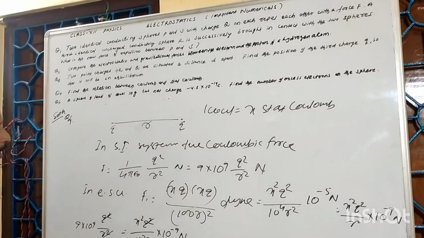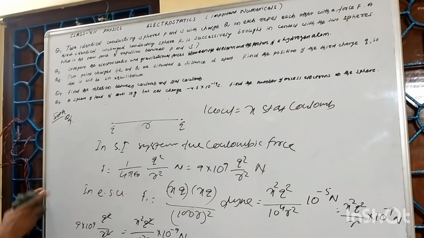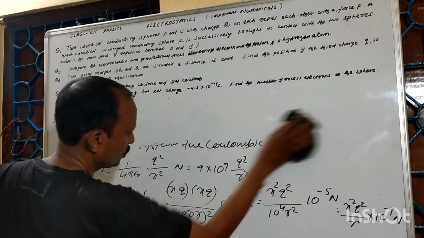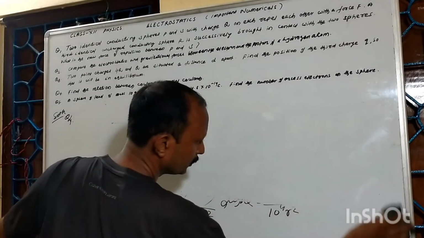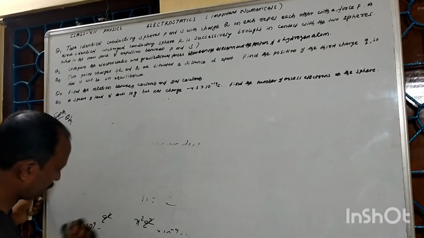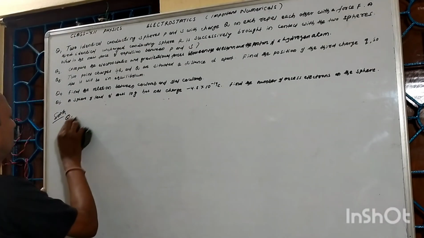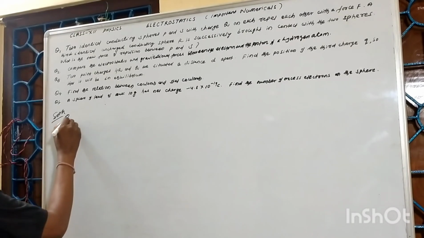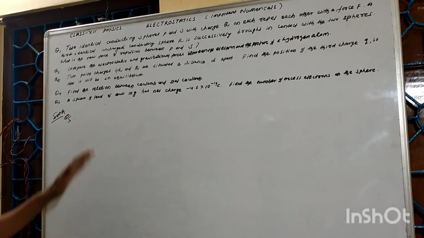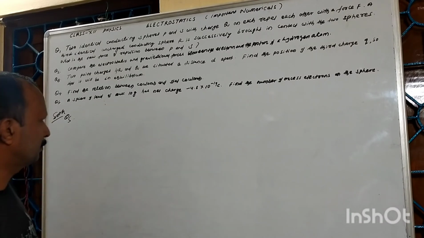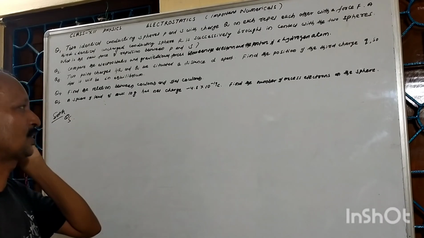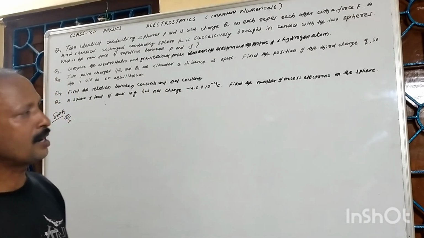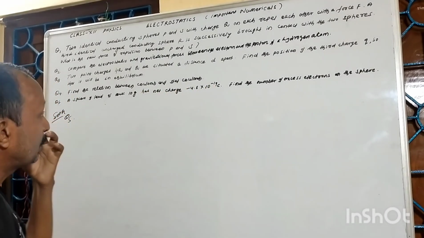Now I hope that you understood. So I am rubbing it and going to the next question, the last question of this video. The last question is question number 5. A sphere of lead of mass 10 gram has net charge minus 4.8 into 10 to the power minus 19 Coulomb.